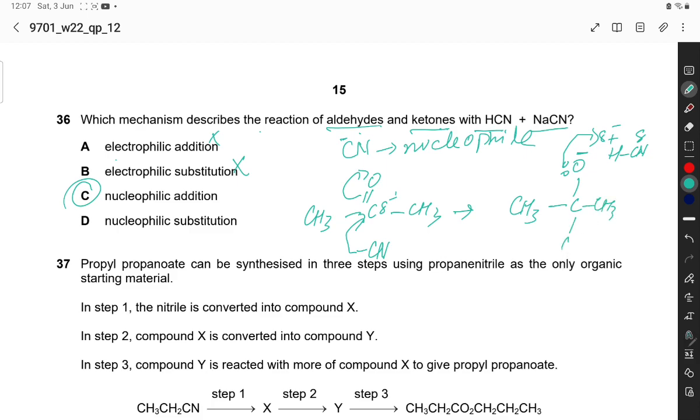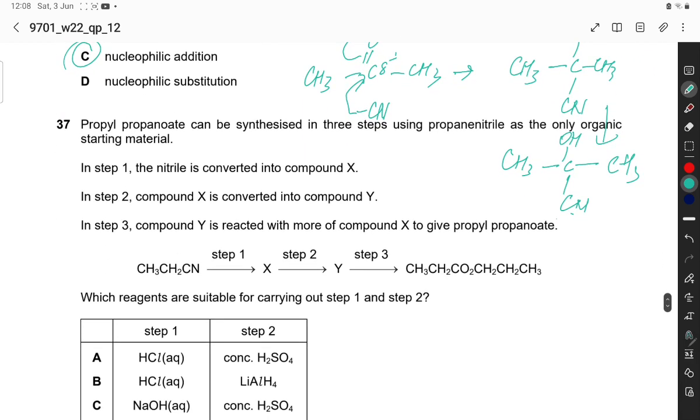This is an addition reaction giving CH3 C(OH) CN. A nucleophile is added in this reaction, so nucleophilic addition is the correct option.